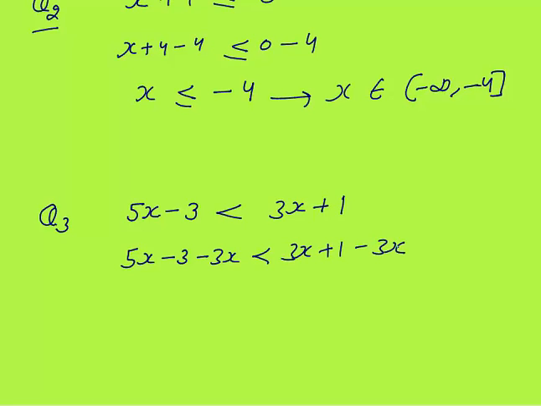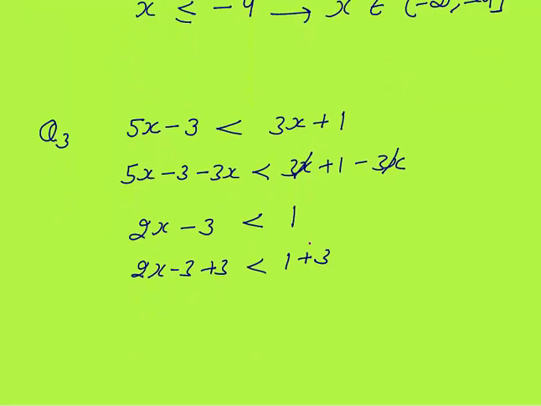Again, subtracting or adding the same number does not change the sign of inequality. This will become 2x minus 3 less than 1. 3x and 3x will get cancelled out. Again, add 3 both sides. 2x minus 3 plus 3, 1 plus 3. No change in sign of inequality as we are adding the same number. This will be, can I say, 2x would be less than 4.